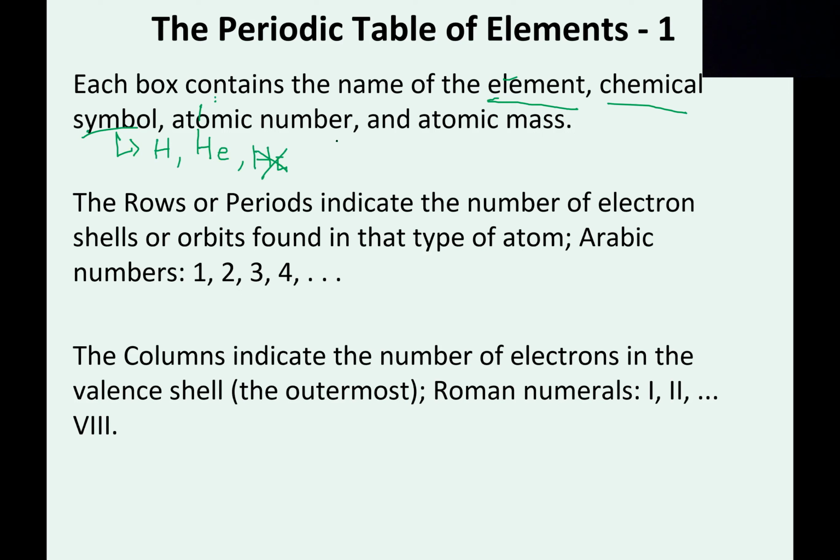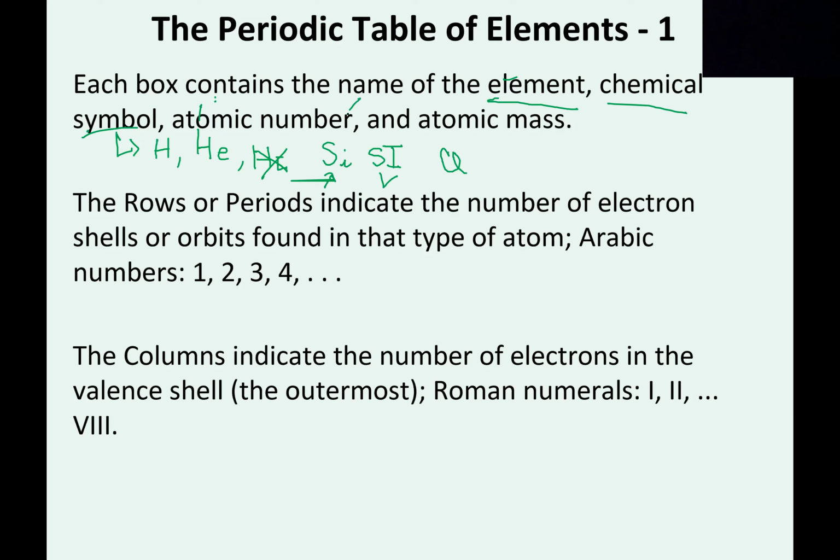Make sure you can tell the difference between your uppercase and lowercase. Uppercase S, lowercase i, versus uppercase S, uppercase I. Those are not the same thing. This one is silicon, an element. This is a molecule of sulfur and iodine. Not the same thing. Chlorine has capital C, lowercase l. Make sure we can tell the difference between your uppercase and lowercase.